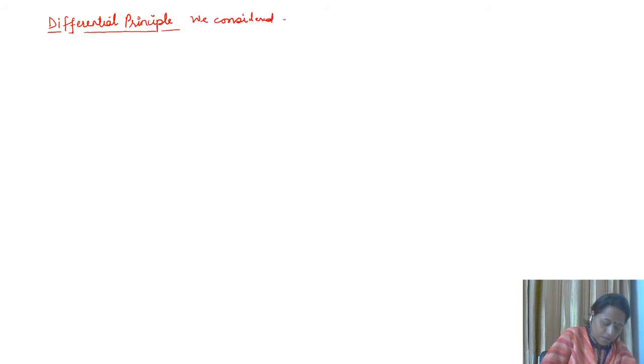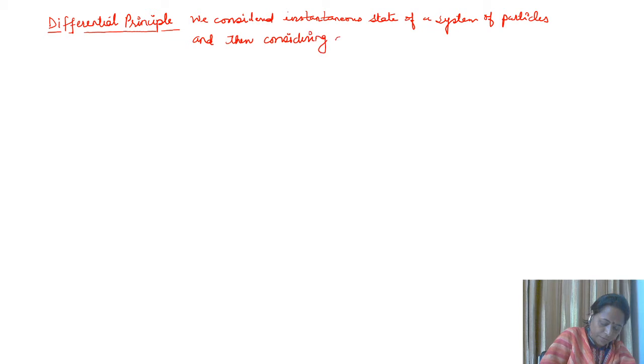So in the differential principle, or you can say in this approach, we considered the instantaneous state of a system of particles and then, considering a virtual displacement, Lagrange's equations of motion were derived.